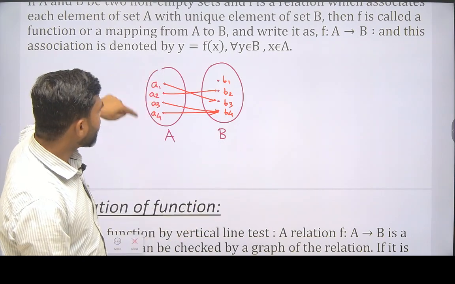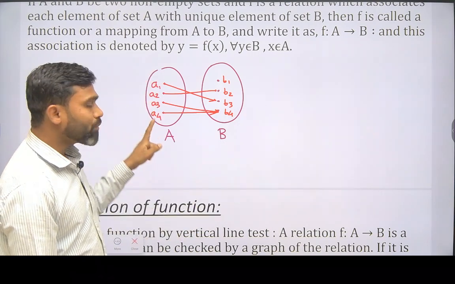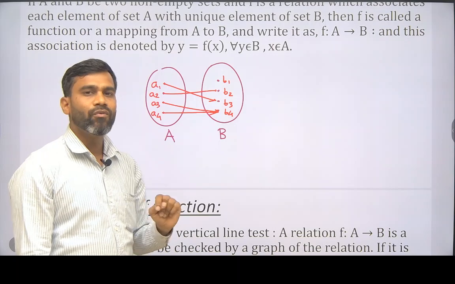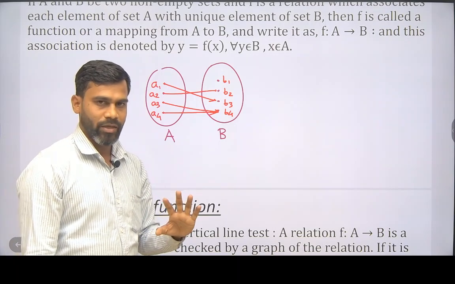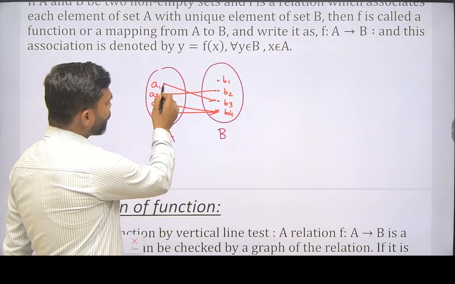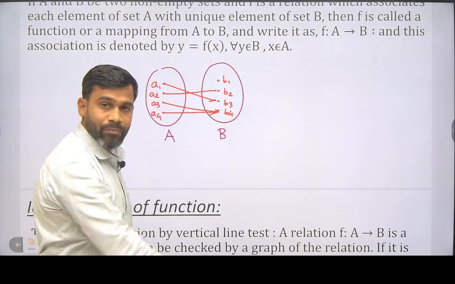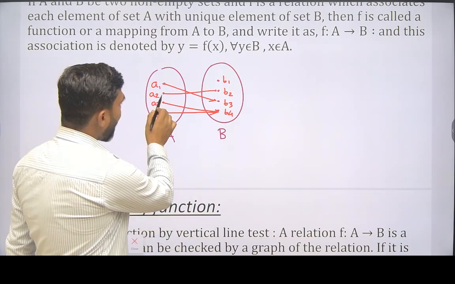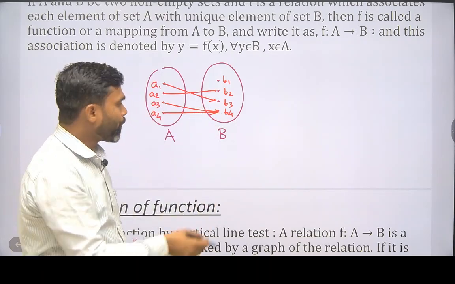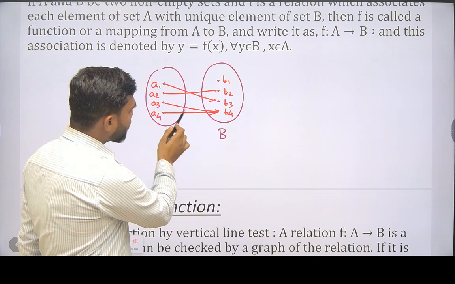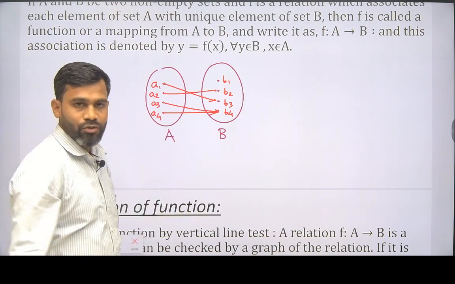So we have to see all the elements of set A are mapped with exactly one element in set B, right? So A1 is mapped with B3, A2 is mapped with B2, A3 is mapped with B4, and A4 is also mapped with B4.